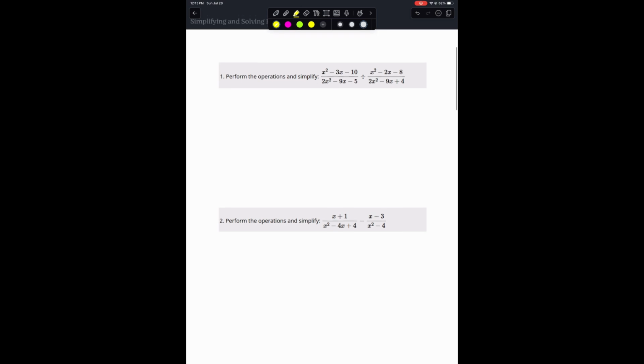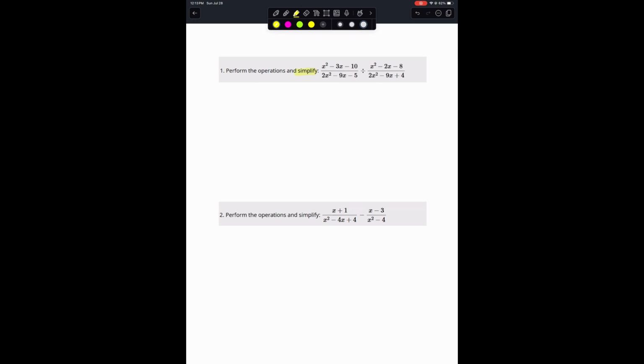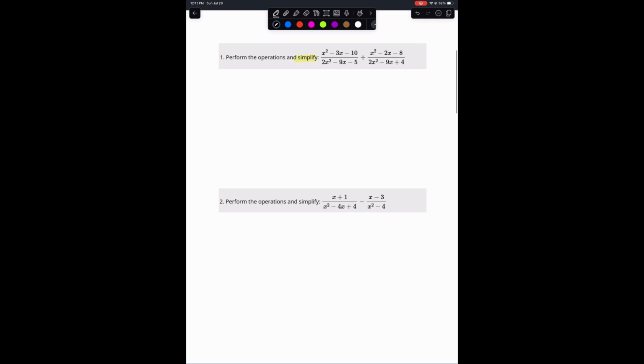Alright, so question 1, we're going to simplify the following. Whenever we divide by a fraction, we're just multiplying it by the reciprocal. So I'm going to rewrite this as this real quick.